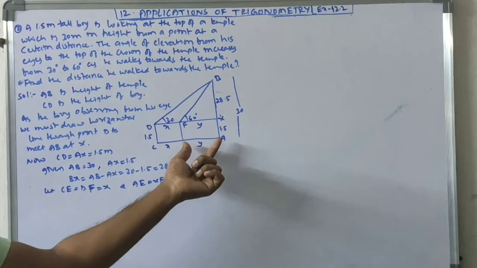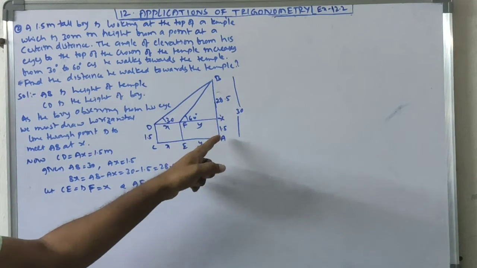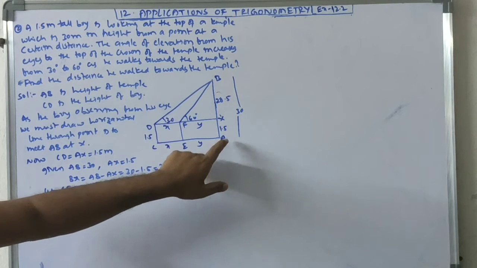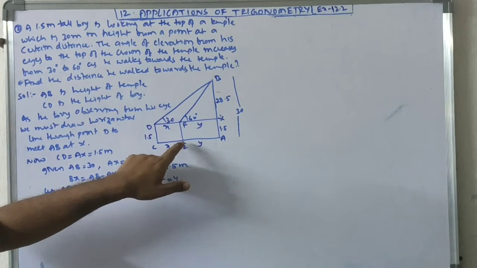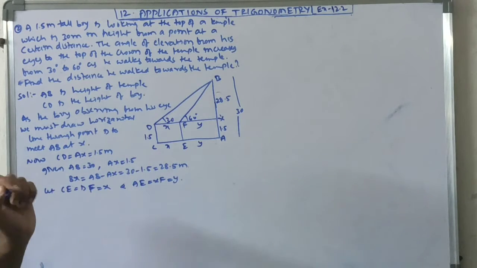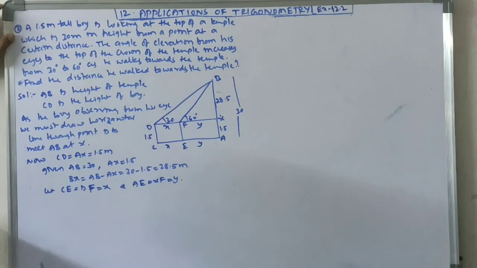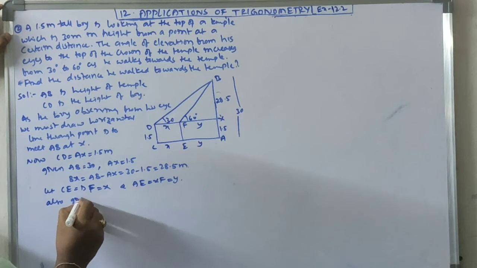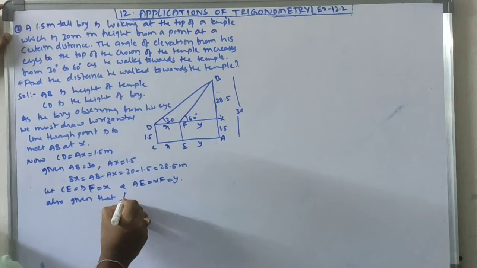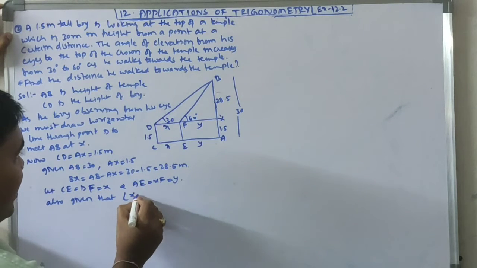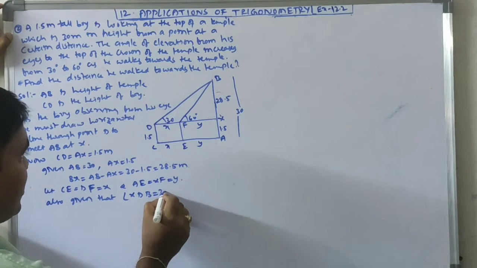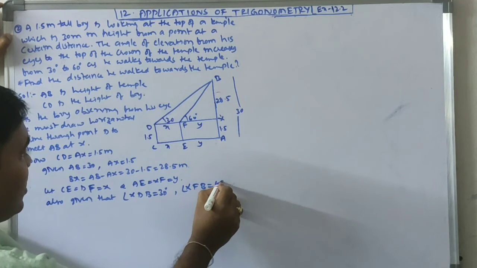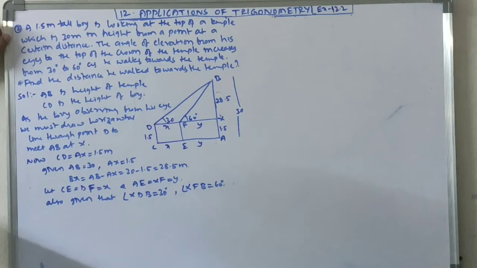So this is the distance from the foot of the temple to the foot of the person after walking some distance. Let us consider this is equal to y. Given that angle XDB equal to 30 degrees, angle XFB equal to 60 degrees. So this information is also given.